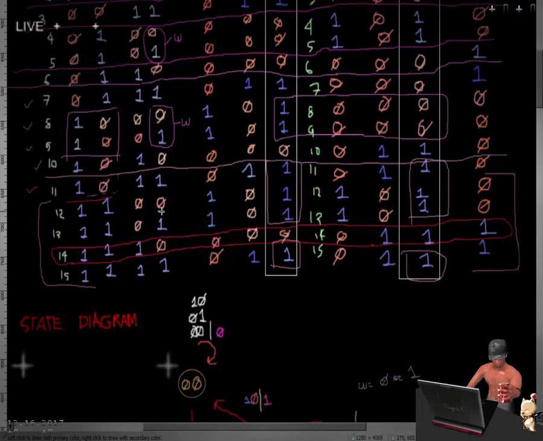So we have 1100, 110111. Pretty much we're saying we don't care what the input is, and basically this goes back to itself.